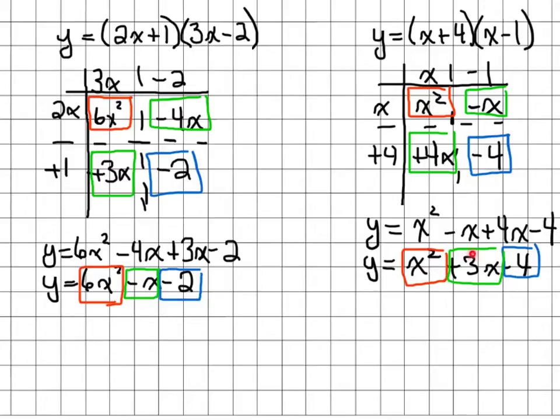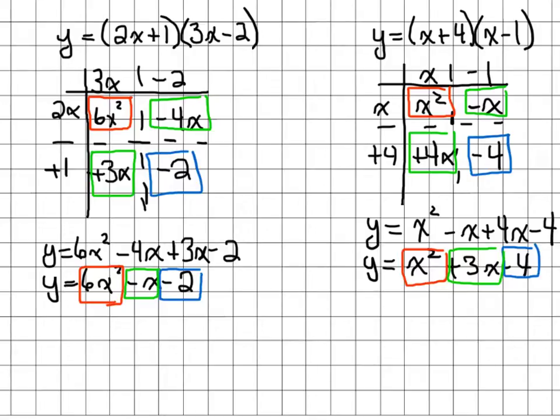These two have to add up to this, and we see that here, and we see that here. So those two terms will add up to this term. These two terms will add up to this term. And this pattern here is really, really important, because what we're going to be doing is working from the inside out to figure out what the factors are.